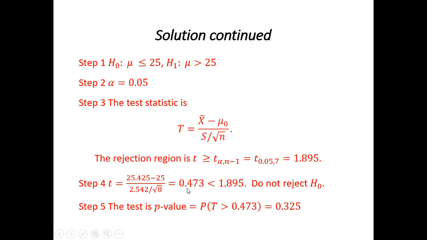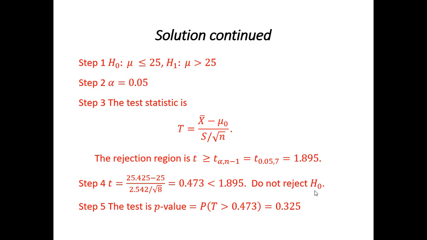So this works out to be 0.473. It is less than this critical value, or the value defining the rejection region. So our statistical conclusion is to not reject the null hypothesis.